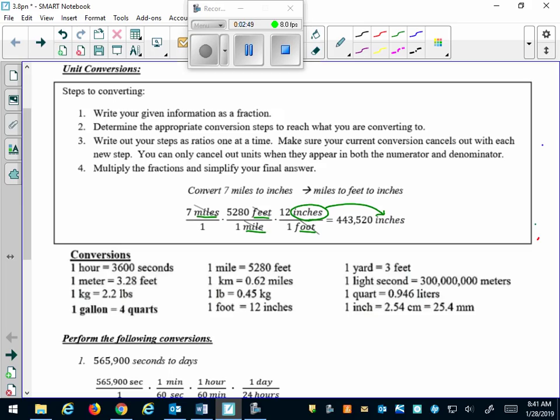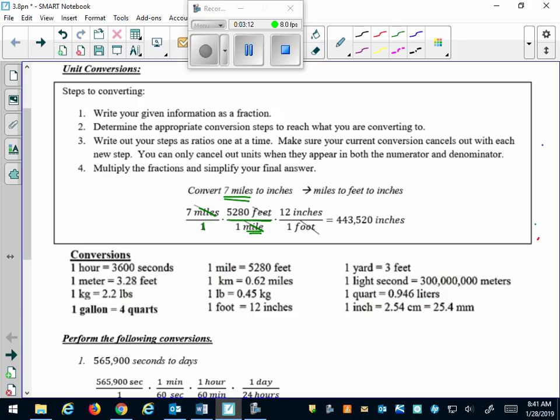So this example is converting 7 miles to inches. Well, we start with what we are given to begin with, 7 miles, and we just put that over 1. The next fraction has to have miles on the bottom because we need to get it to cancel with those miles on the top. So we put mile on the bottom.